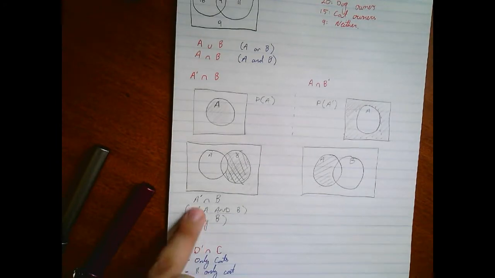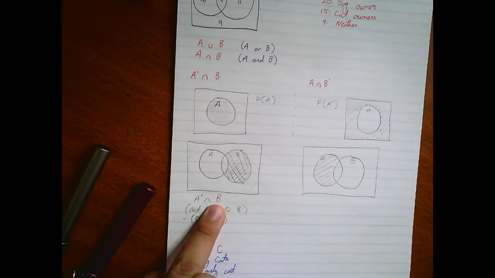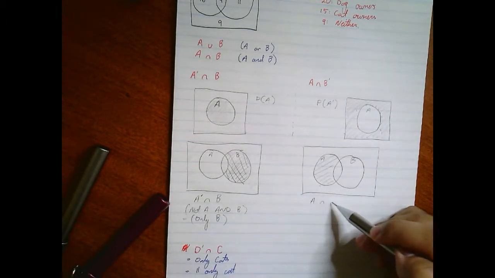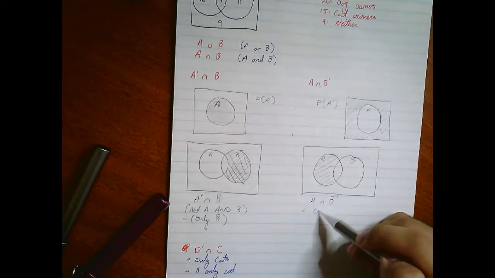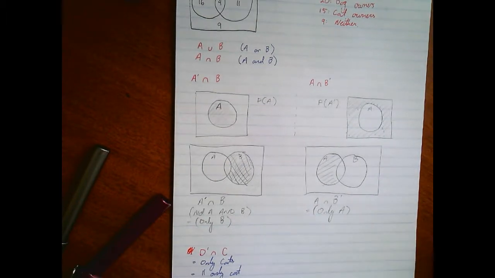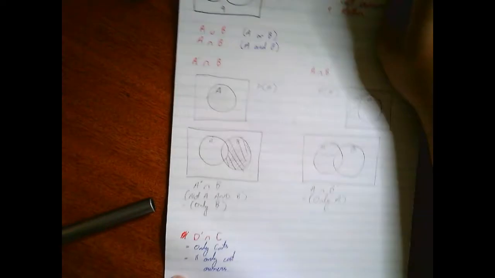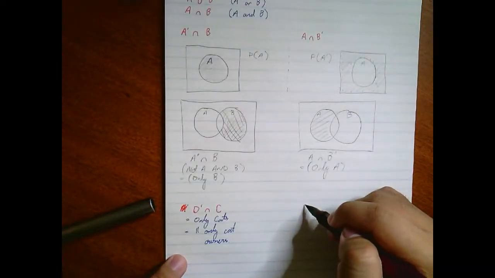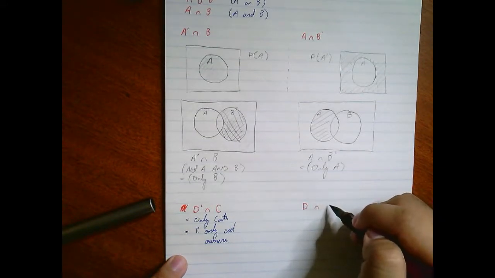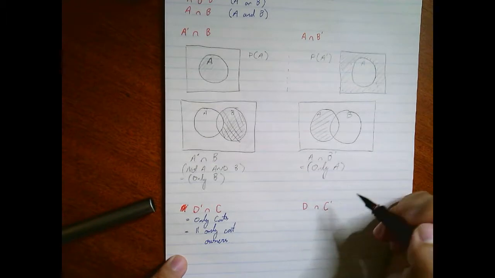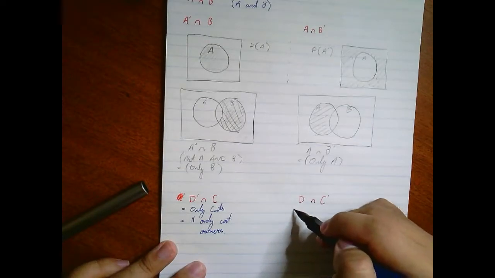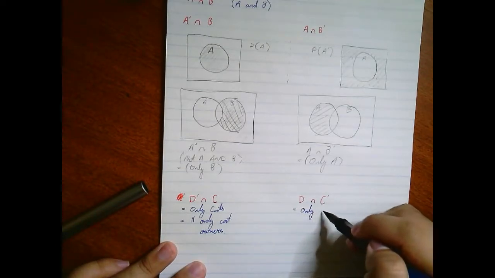Because we said that not A intersect with B is the same as only B, therefore A intersect with not B is the same as only A. So if we brought this down to our example, if they wanted dog owners and not cat owners, that's the same as only dog owners.